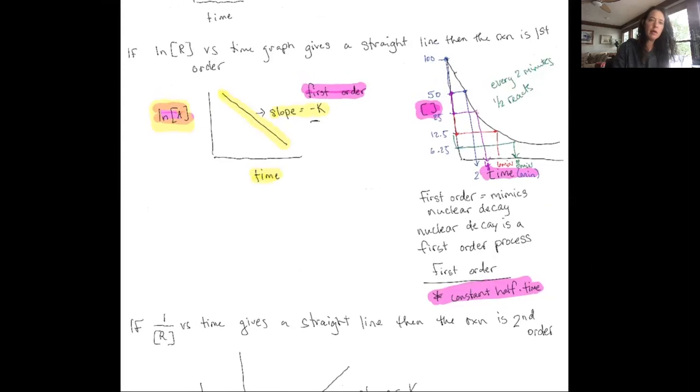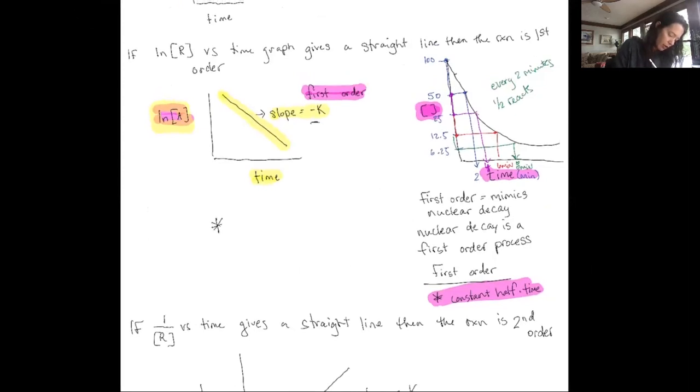move my head out of the way, is that it is important to know for a first order process, t, the half-life time, is equal to 0.693 over k. Okay, so I could determine the half-life or k if I know one of the others. There is an equation for half-life in zero order and second order, but you do not need to know them.